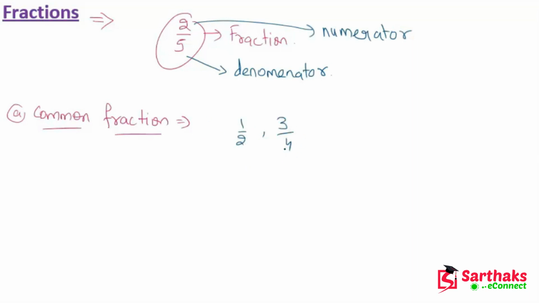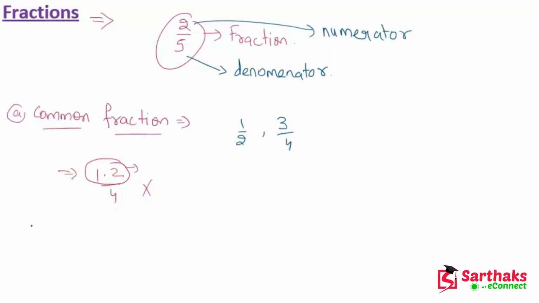These are common fractions. Now if we take 1.2 upon 4, can we say this is a common fraction or not? No, because this is not an integer, this is a decimal part. So 1.2 upon 4 is not a common fraction. I hope you understand what a common fraction is.